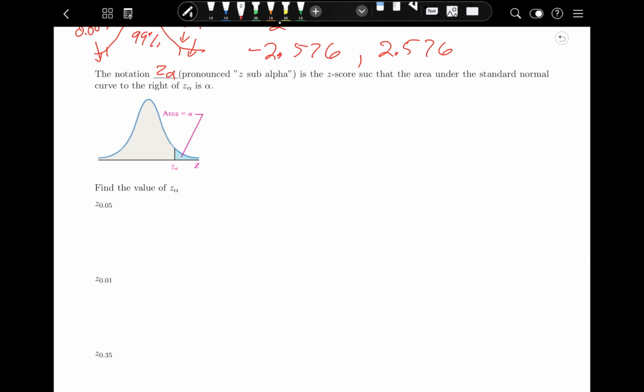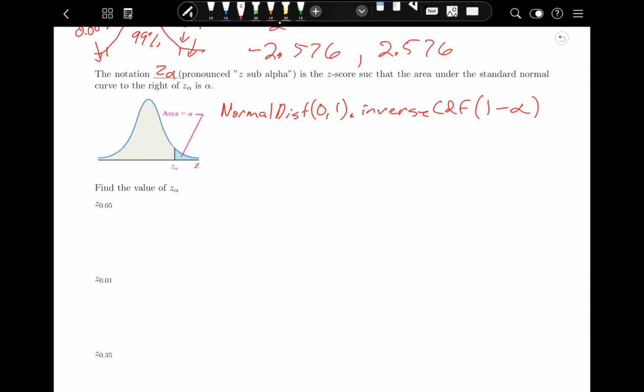So we already just talked about how to do area to the right. To do this, we do normal distribution, comma 0, comma 1, dot inverse CDF, and then we put in the area to the left. Well, the area to the left would be 1 minus the area to the right, so 1 minus alpha.